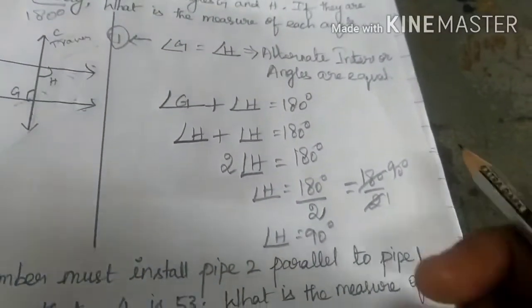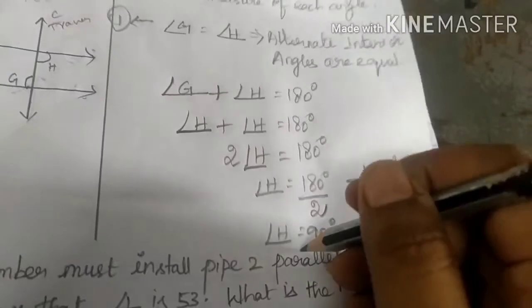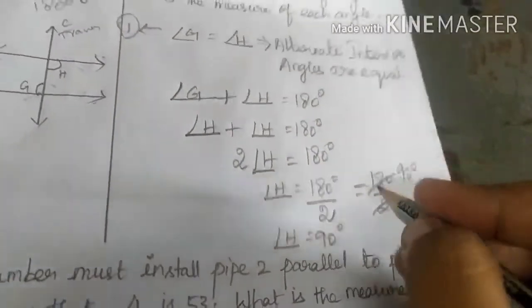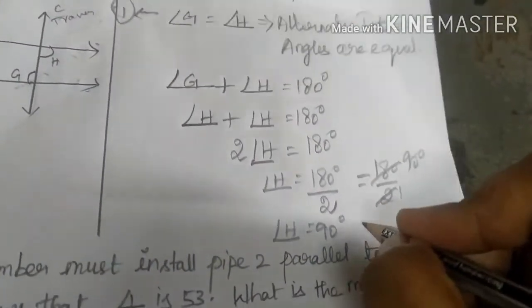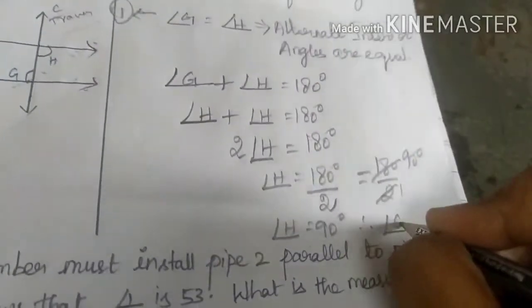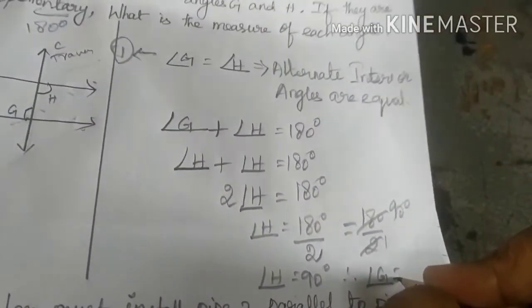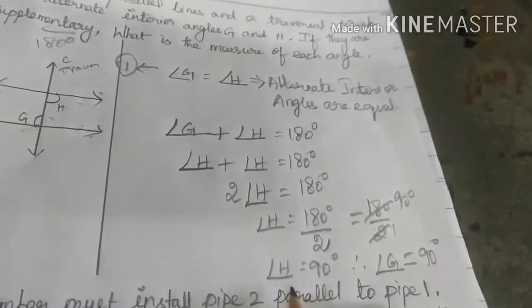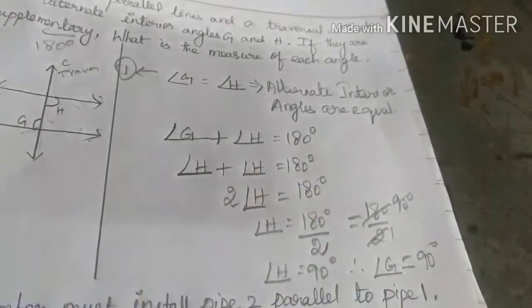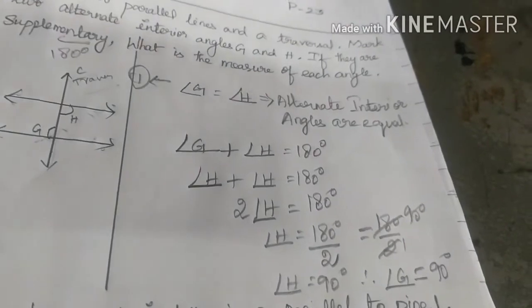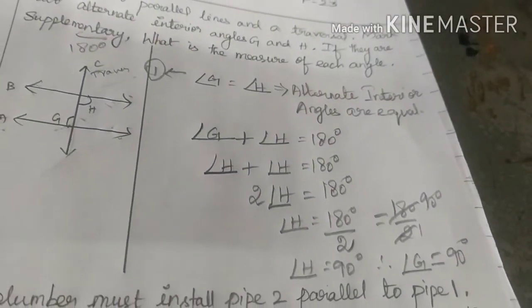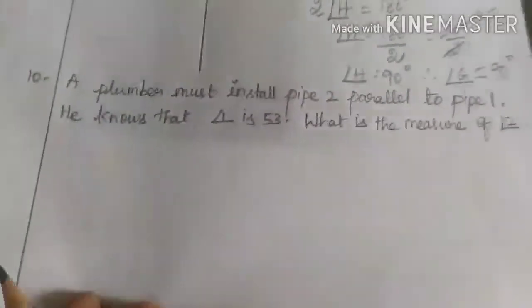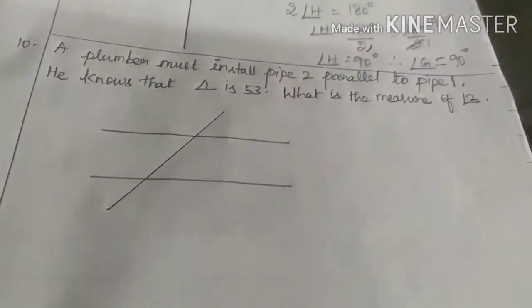So obviously if angle H is 90 degree, angle G also will be 90 degree. So 90 degree plus 90 degree, we will get the answer 180 degree. Okay, are you clear children? Very much simple. Next, move on to the next sum, that is question number 10.